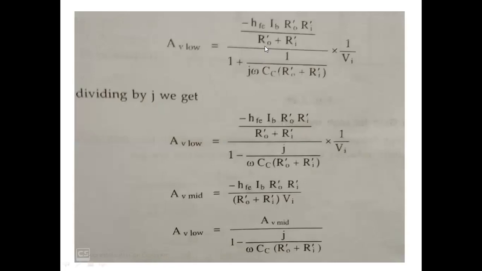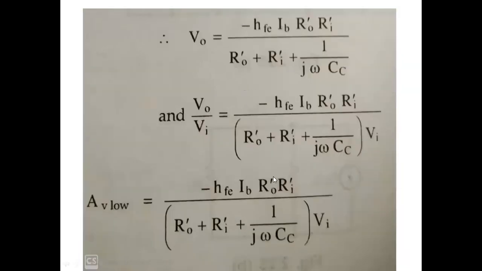If you divide the numerator and denominator with R0 dash plus RA dash, at the numerator we have minus hFE IB R0 dash RA dash by R0 dash plus RA dash. At the denominator, R0 dash plus RA dash by R0 dash plus RA dash becomes 1 only, because those two terms will be cancelled.